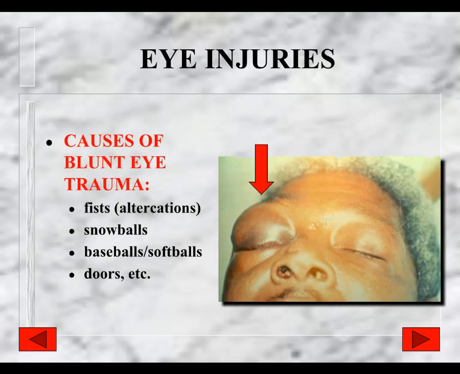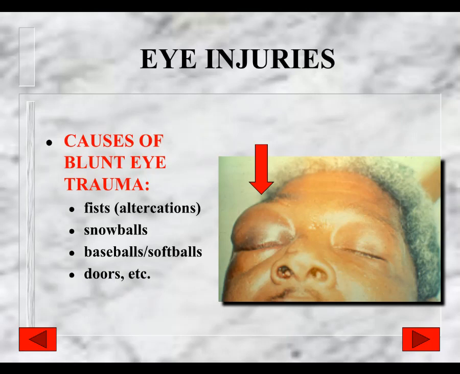Blunt injuries are caused by trauma, generally. A blunt injury, remember, is where there's bruising, but there's no open area. Lots of swelling. It can be related to fights. It can be related to someone getting hit with a softball, baseball, or basketball.